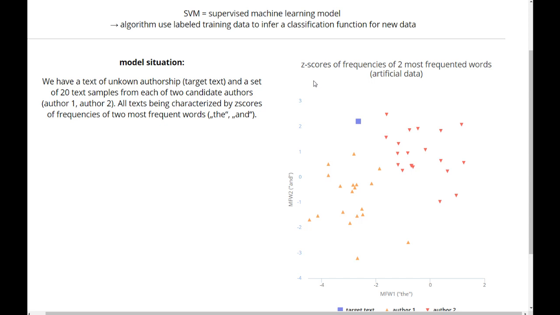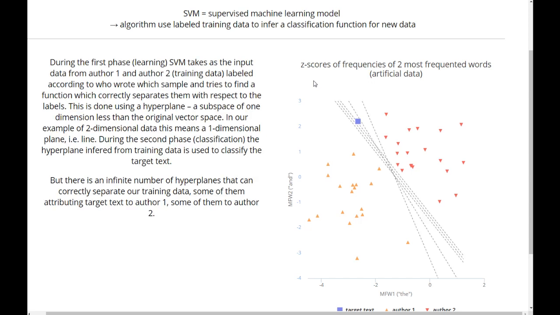What the support vector machine does is that during the first phase, the learning phase, it takes as input data from author 1 and author 2, which are labeled, and tries to find a function which correctly separates them with respect to these labels. This is done using a so-called hyperplane, which is a subspace of one dimension less.